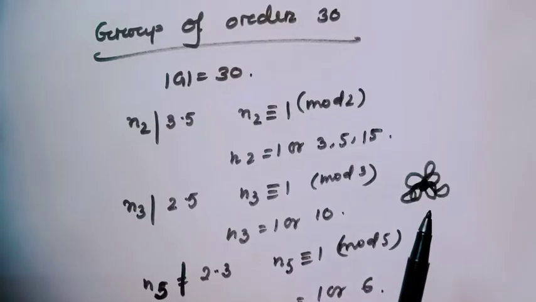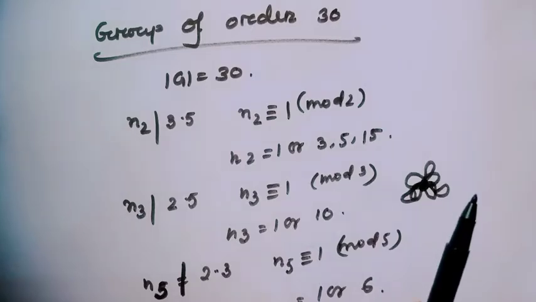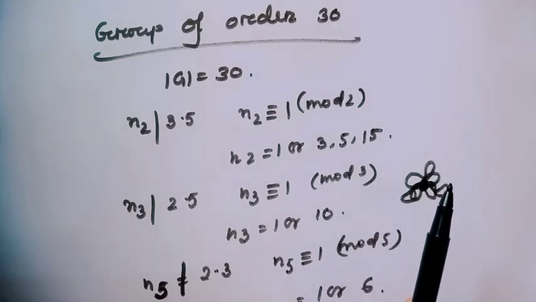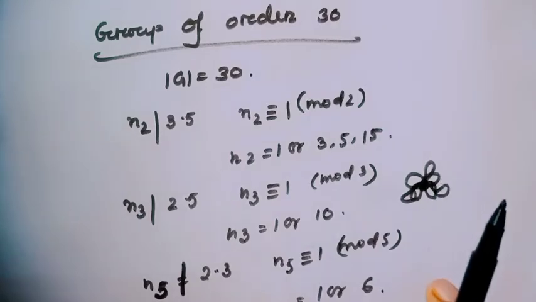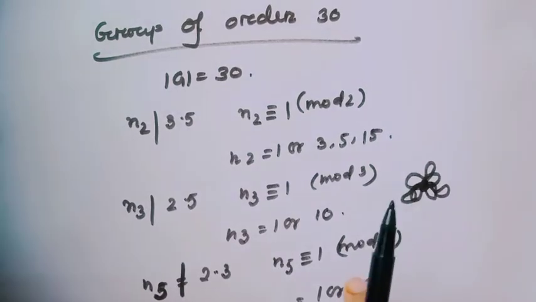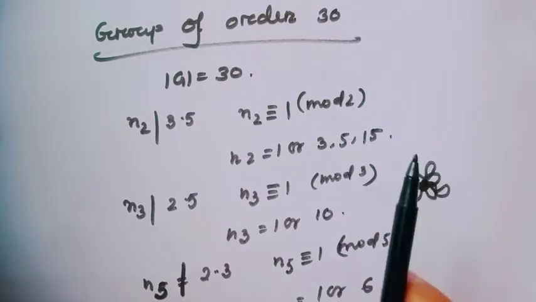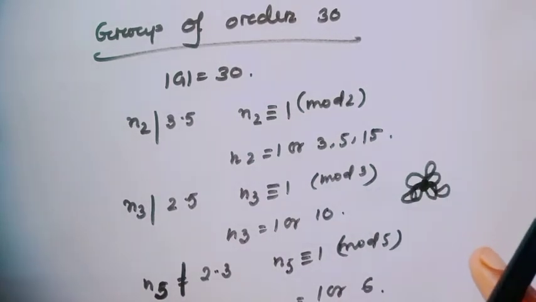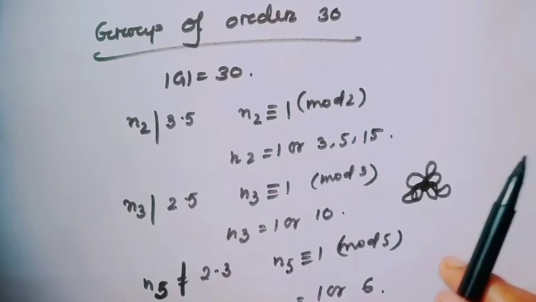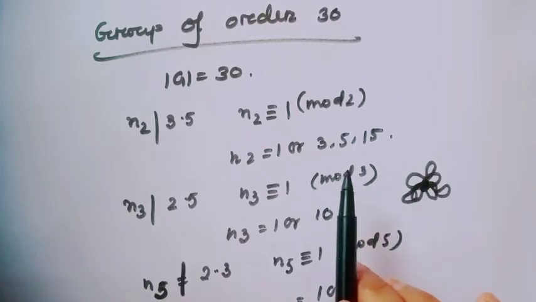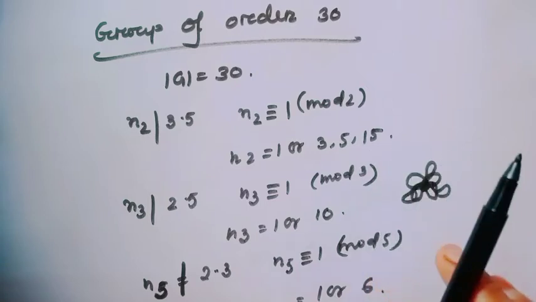Now let's see groups of order 30. As proceeded before, there exist Sylow 2-subgroups, 3-subgroups and 5-subgroups. Here I will do everything quickly. If you calculate, you will see the number of Sylow 2-subgroups will be either 1, 3, 5 or 15.